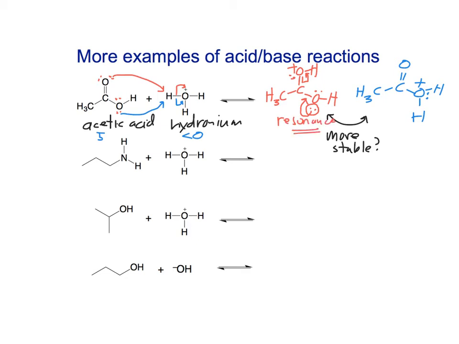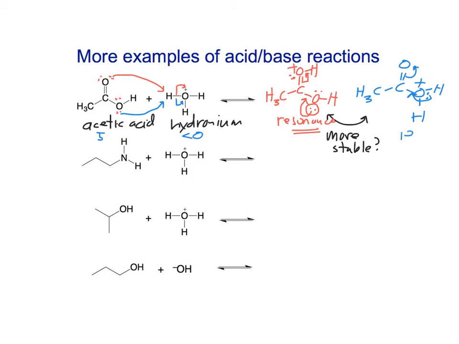What about the one on the right? It could, in theory, do the same thing, but that oxygen already has a plus charge on it, so the resonance contributor would have an oxygen with a 2 plus charge on it. And so this one is not stable.